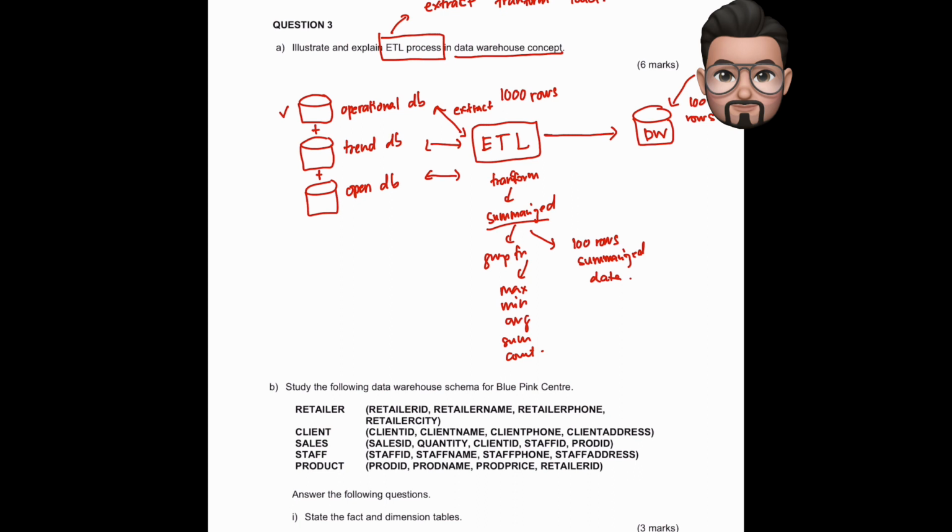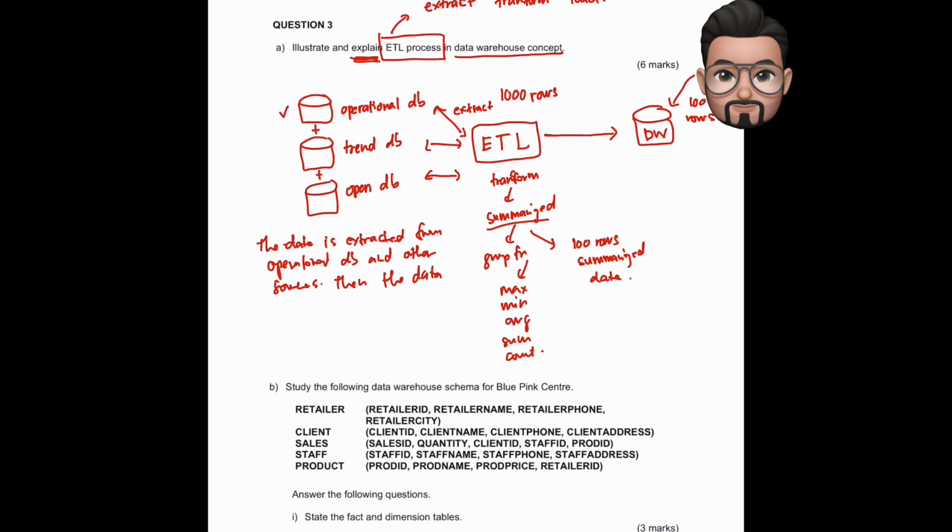So the explanation, because they ask you to explain, isn't it? What I explained just now is what you need to write. For example, the data is extracted from operational database and other sources. Then the data is cleaned first.